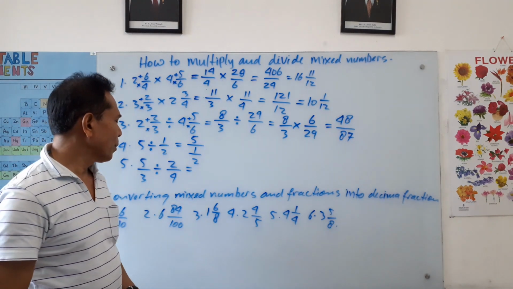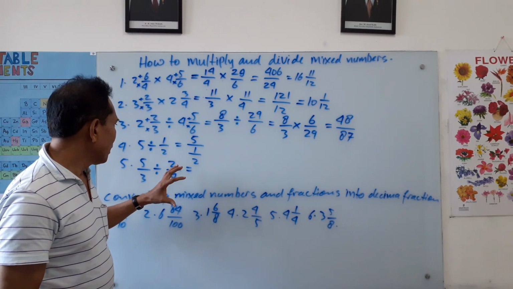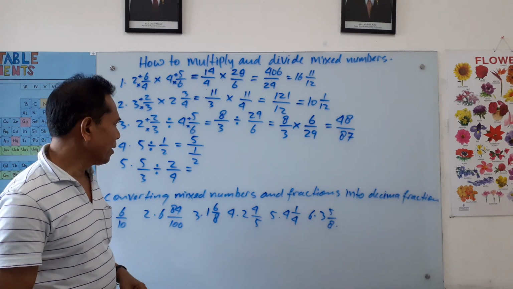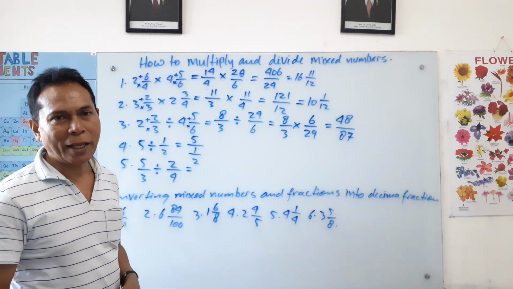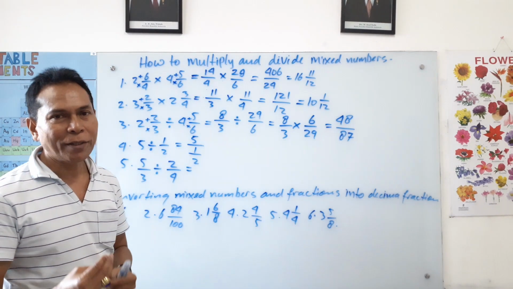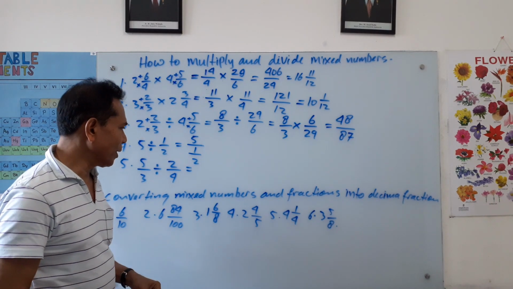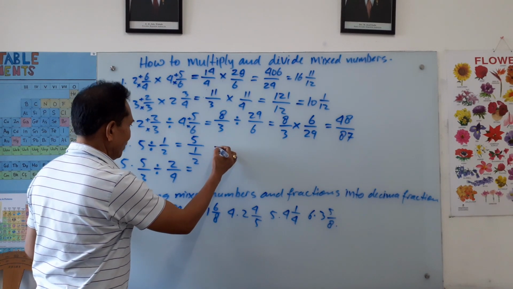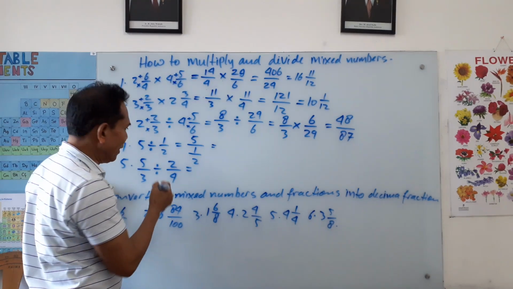In different situations of working with fractions, sometimes you need to write it like this instead of this way, in order to fit the requirement of your work, to match with the work you are doing, okay. So we put here equals, so it's the same.